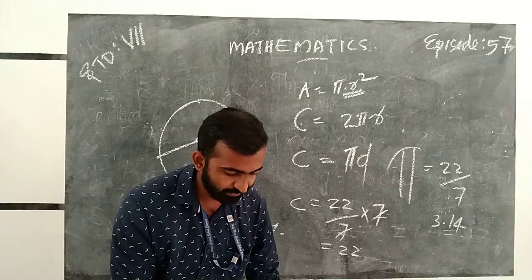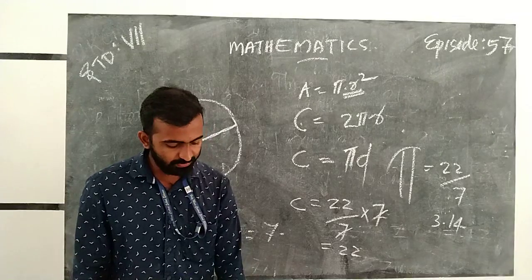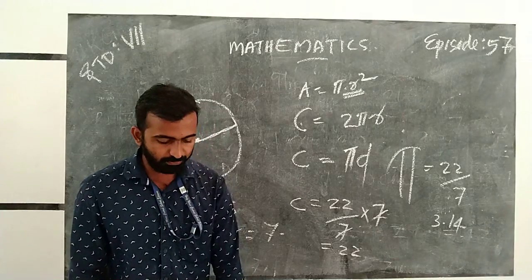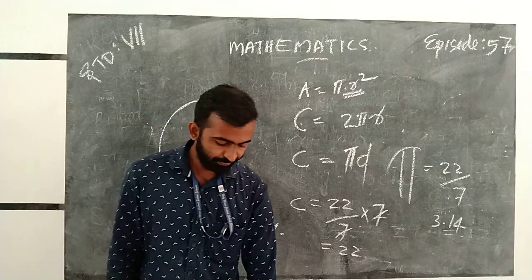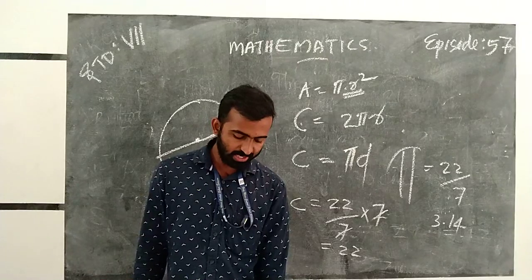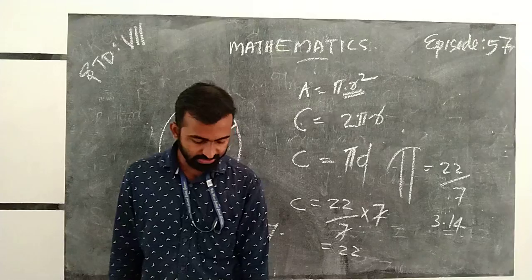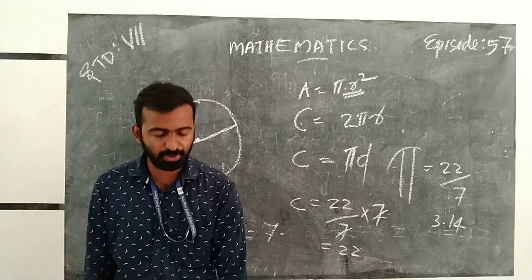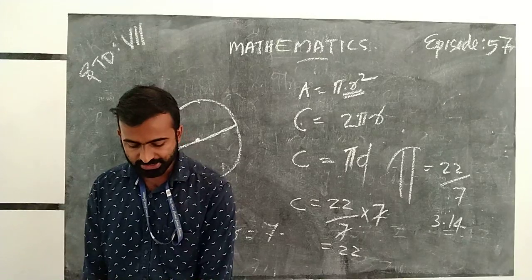First is try this. Try this in your textbook, page 219. There is a figure with a square, circle and square. The first question is which square has the larger perimeter? That is the outer square.